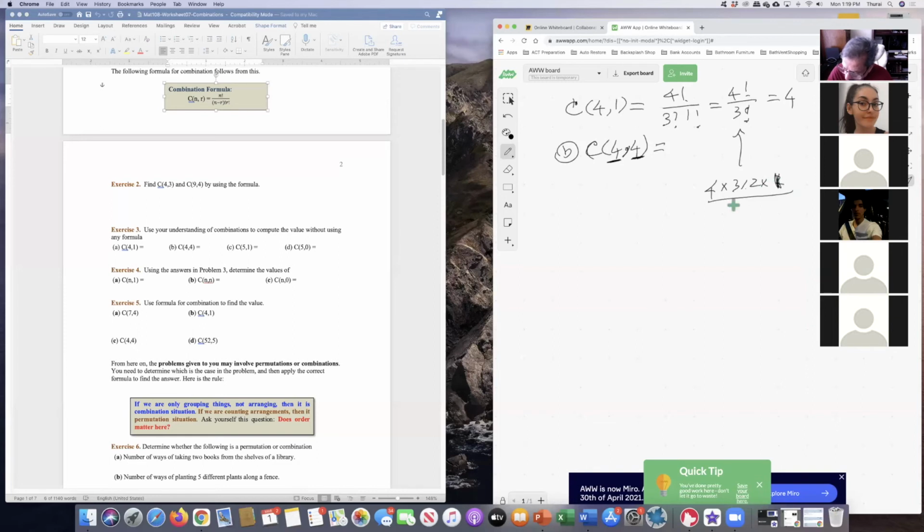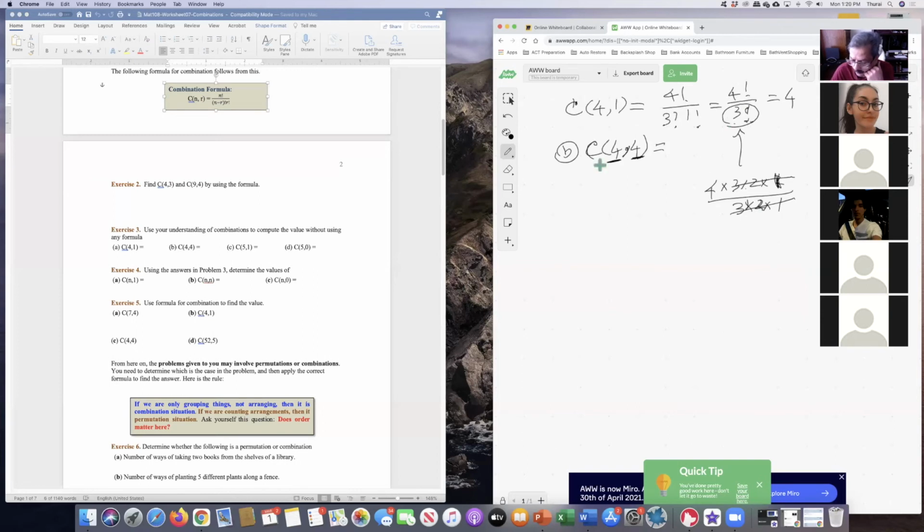And factorial 3 is 3 times 2 times 1. These cancel out. So that's why 4 factorial over 3 factorial is just 4, because after the 4, everything else will be canceling with this.